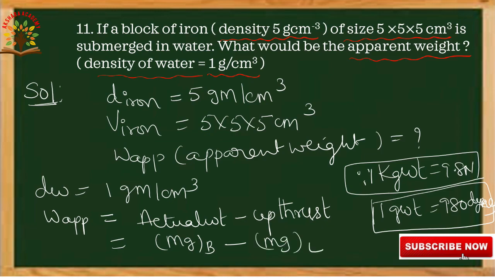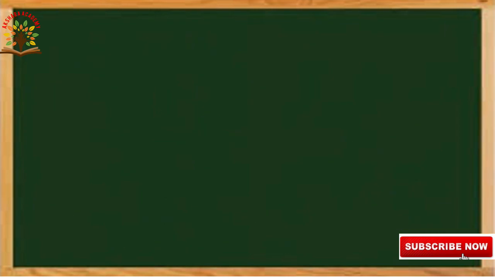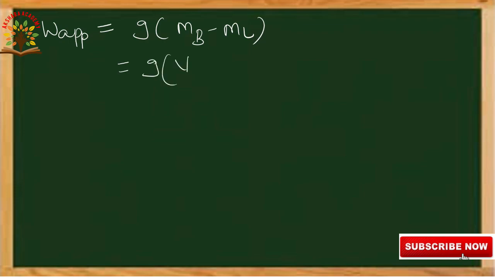Here we are taking g common. Apparent weight is equal to g times (m B minus m L), that is g of (V times rho B minus m L). m L also can be written as V times rho L.